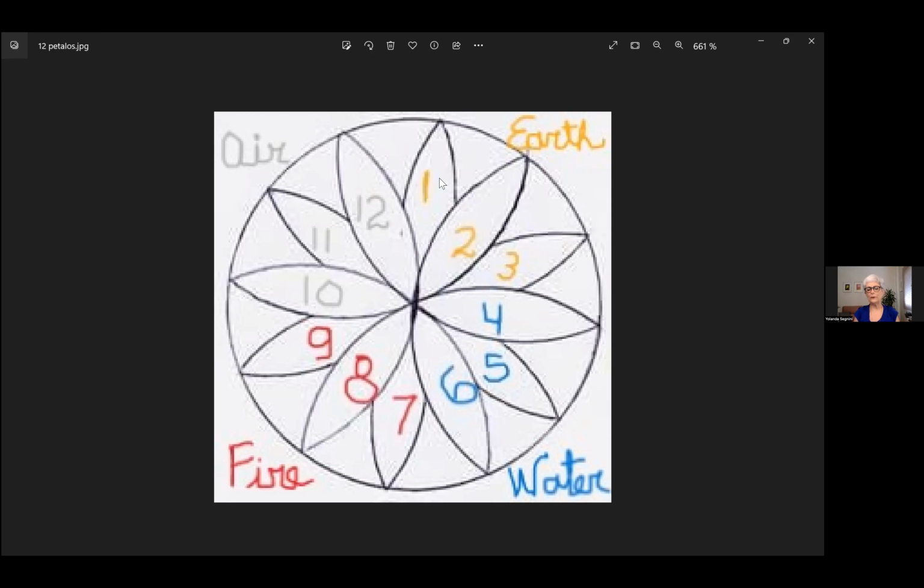Then we go to the third portal of the element water, which is calm, completely calmness, stillness. It is when we connect it within the portal of the soul.